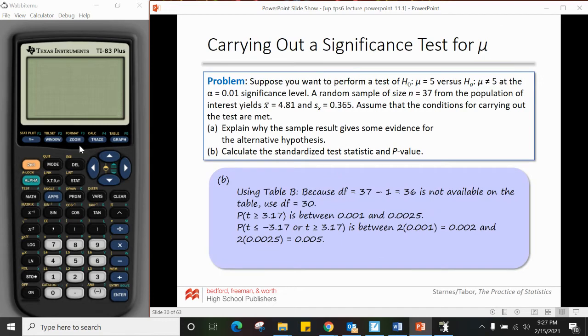Since alpha is greater than this, we're going to reject the null because we have statistically significant evidence, as our p-value is less than alpha, just as an FYI.